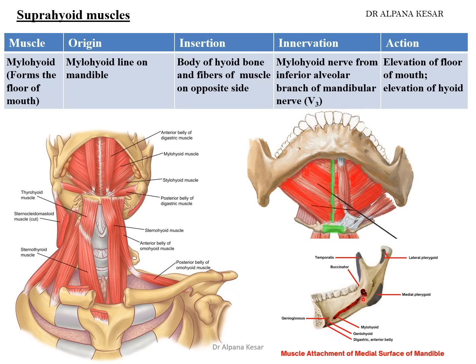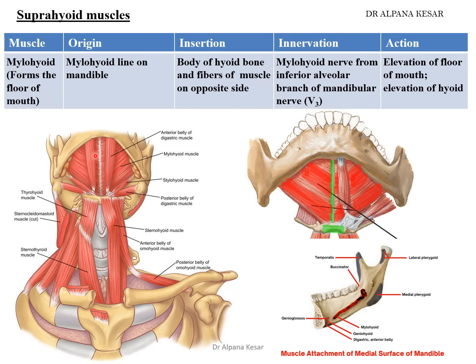Insertion of mylohyoid: the lower fibers get inserted in the body of the hyoid bone. The upper fibers get inserted into the midline raphe. This midline raphe is formed by intersection of the fibers of mylohyoid muscle on the right and left side.